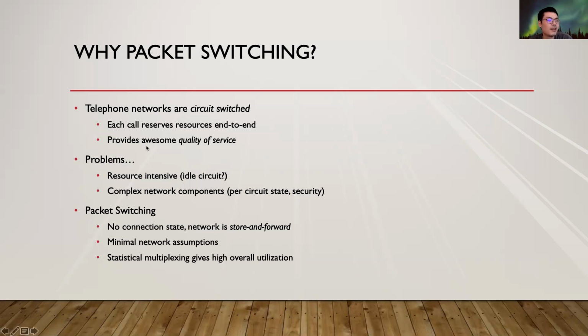And it provides very good quality of service because you can listen to every detail, even background noise of the other party, because the whole line is yours. But the problem is that it's resource intensive. It's not efficient, and a lot of the resources cannot be reused in parallel. And there are also maybe security issues, so people can eavesdrop on your communication.